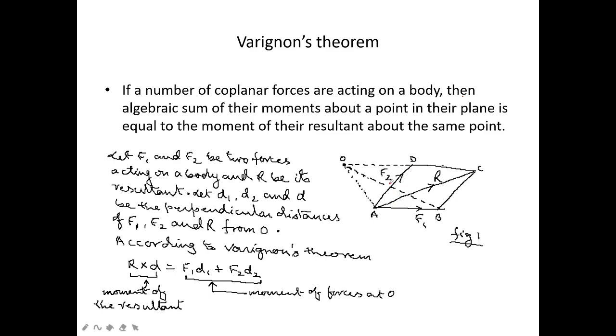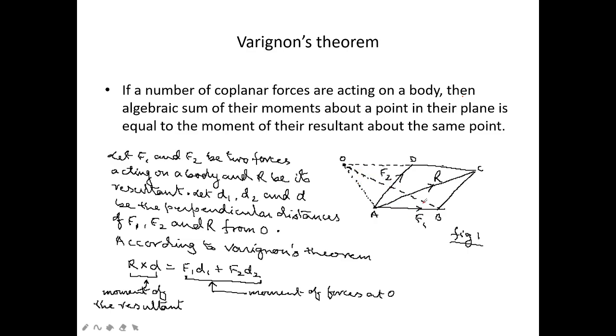Now here F1 and F2 are the two forces acting on a body. Let R be the resultant of these two forces. The distances of F1, F2 and R from point O are d1, d2 and d respectively. Therefore, the moment of these two forces about point O will be F1 d1 plus F2 d2. Why is it plus?